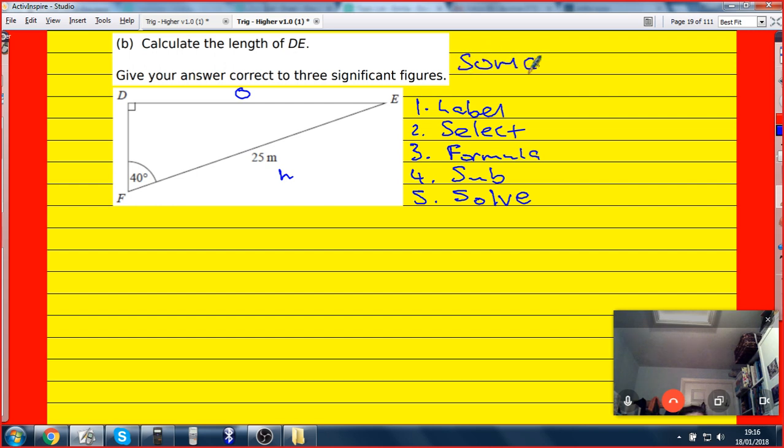So you want to use sine. So then you would put sine equals x over 25. The sine of what? It has to be the sine of something.